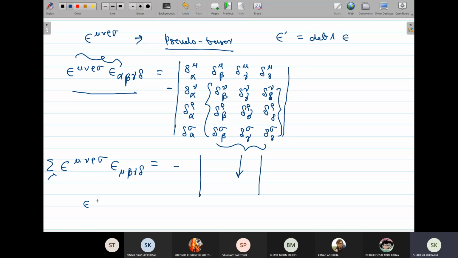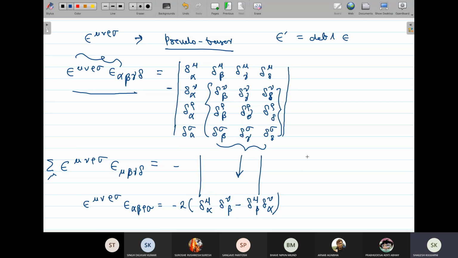Then one can also show that epsilon mu nu rho sigma and epsilon alpha beta rho sigma is basically minus 2 times delta mu alpha delta nu beta minus delta mu beta delta nu alpha.